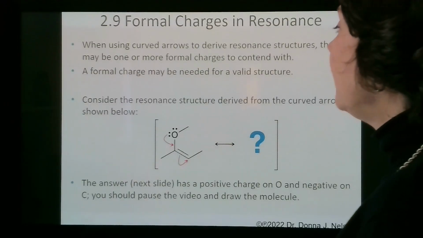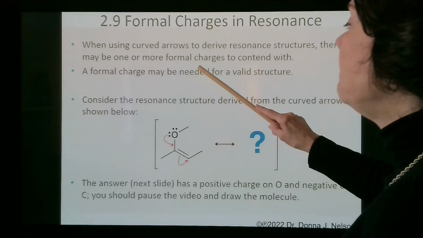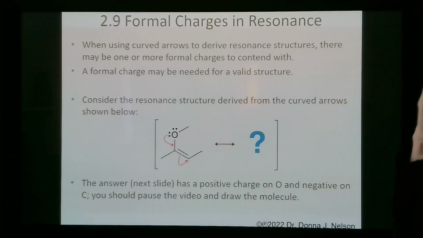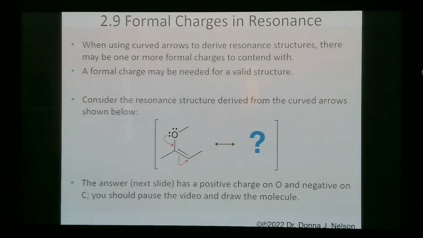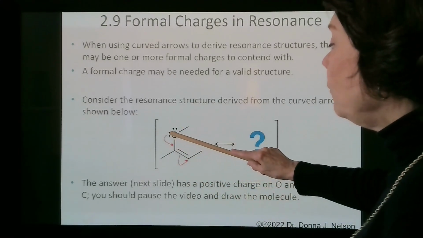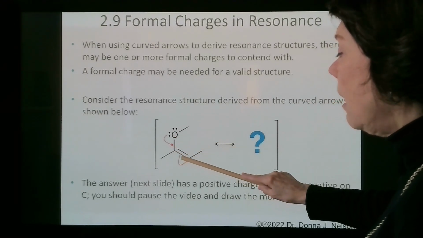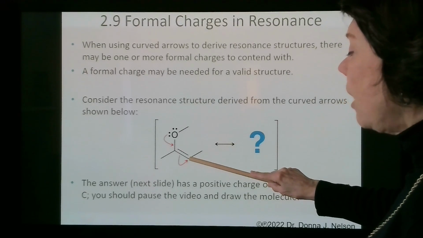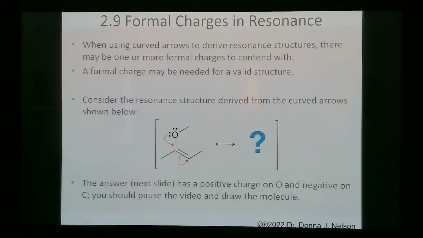Now, when using curved arrows to create resonance structures, there may be 1 or more formal charges that you'll deal with. A formal charge or 2 may be needed for a valid structure. Look at this resonance structure. So if you pull a pair of electrons in to form a pi bond between carbon and oxygen, and this pair of electrons moves out to reside on carbon, what will that cause?